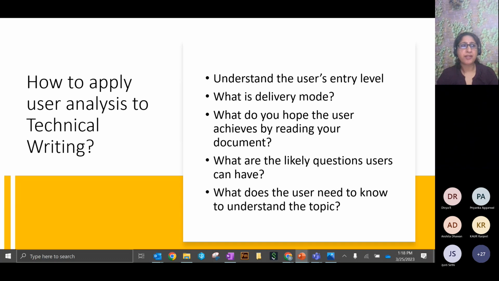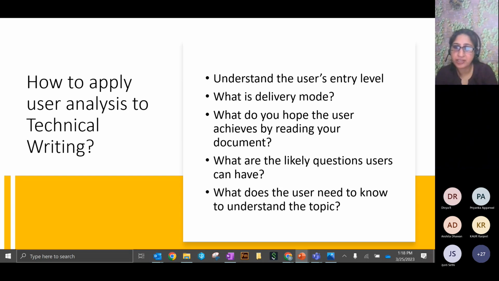Or if you're talking about games, printed or hard copy printouts in user manuals or game boards. So what is the delivery mode? If you know that, that'll help you identify how you want to deliver the content.